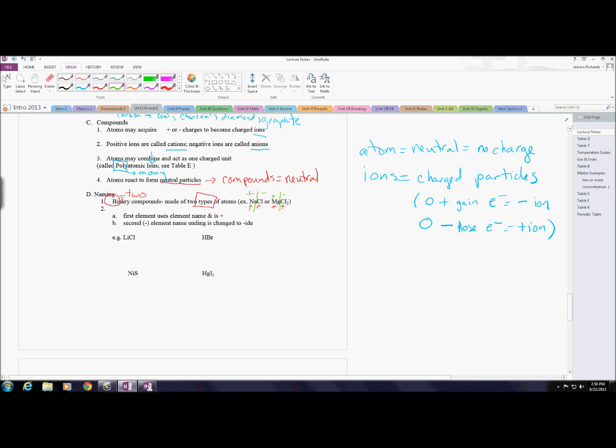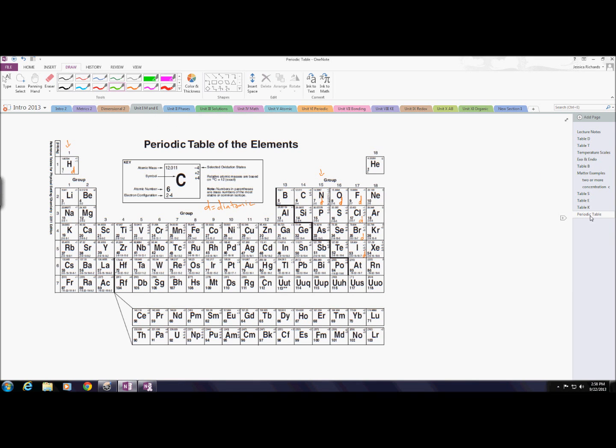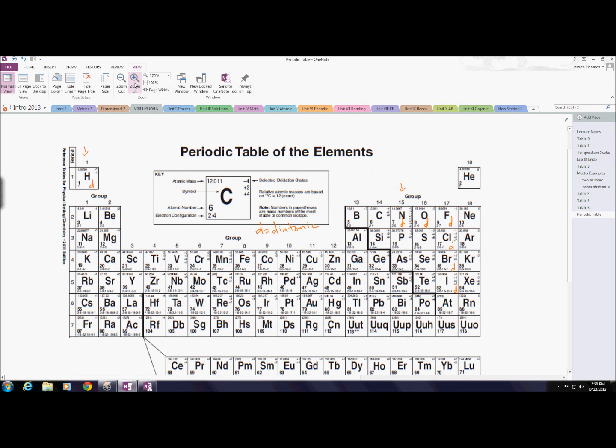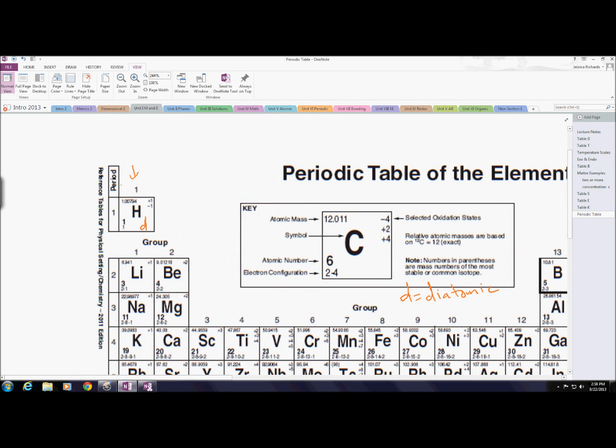When you look at them, eventually you're going to know what the charge of a sodium ion is, but at first you're going to have to look it up. And to do that, you're going to use your periodic table. So on your periodic table, let's zoom in a little bit on sodium. Right here in the upper right-hand corner, there's a little number.